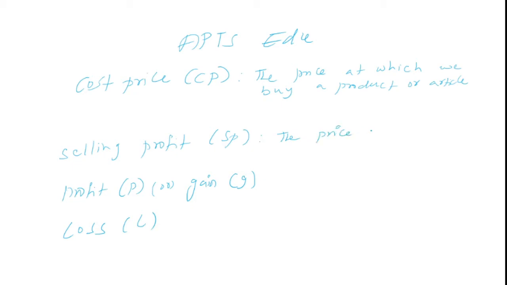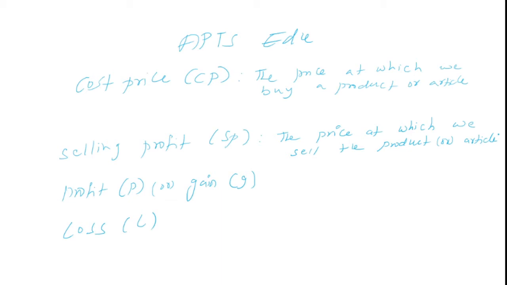The price at which we sell the product or article. In some questions they may not give you the item name. Instead they may give you the article, like the cost of an article is 50 rupees, or the price at which the article was sold is 70 rupees. So no need to worry.